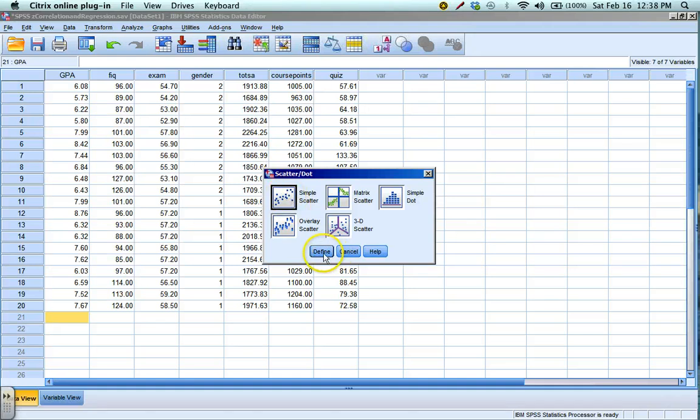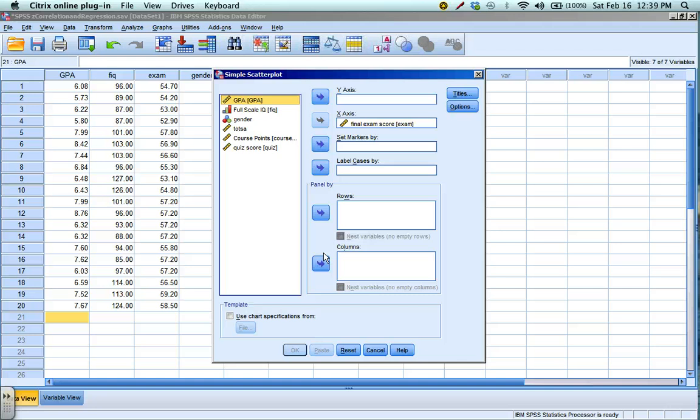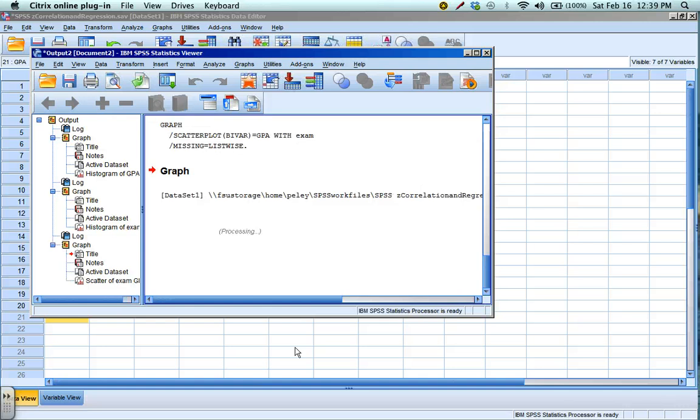Just going to do a simple scatter. Here we're trying to predict the final exam score, right? So let me reset this. I want to predict the final exam score, and GPA is what I'm going to use. So I'm going to use the GPA to try to predict the final exam score. Let me see what that looks like in the scatter plot.